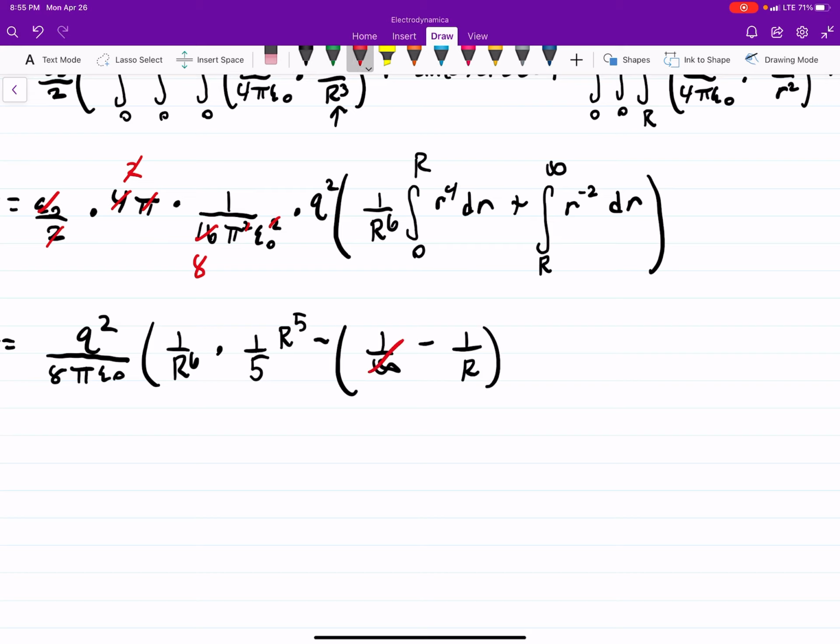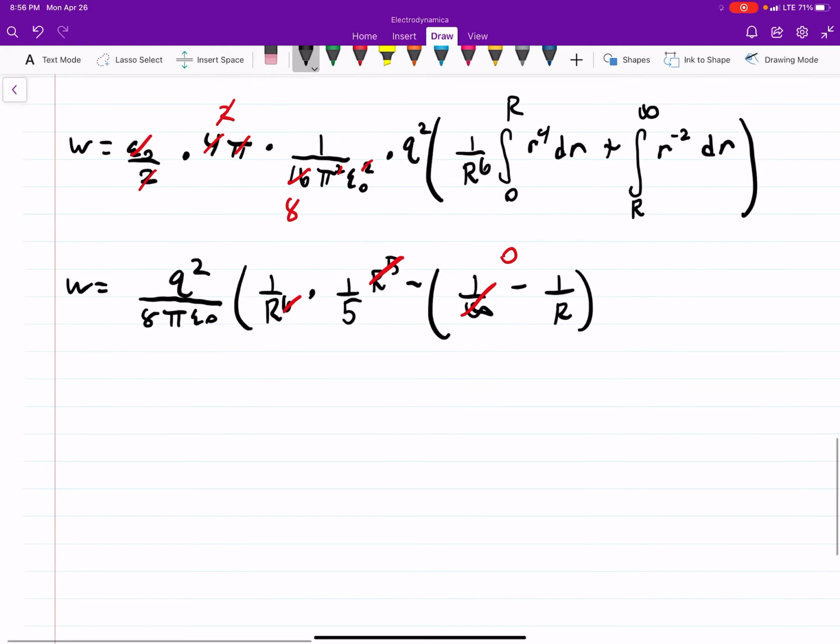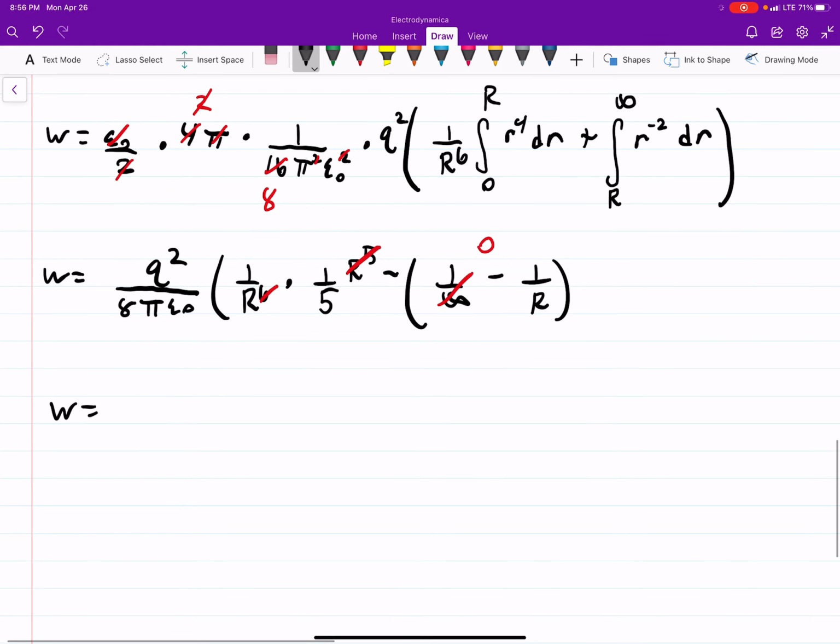Now this is obviously 0, we don't need to worry about that. So the energy we get is q squared over 8 pi epsilon naught, 1 over 5R, minus the negative, plus 1 over R.